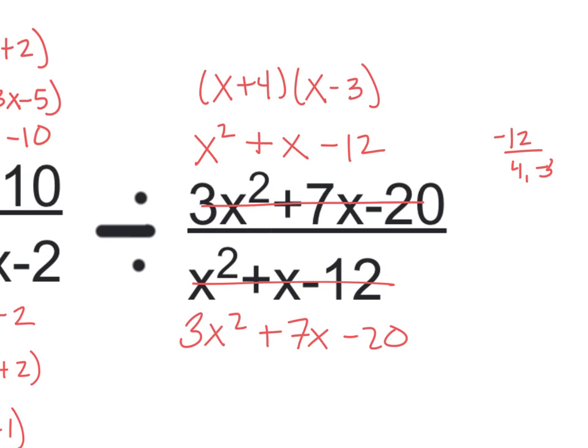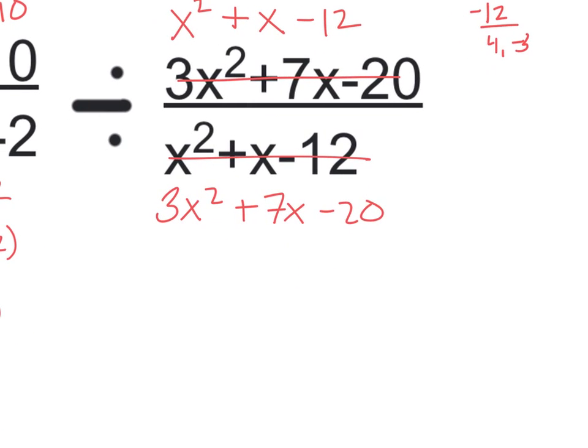And my magic number is negative 60, and I need to get 7. So I need to take my calculator, do some trial and error here.